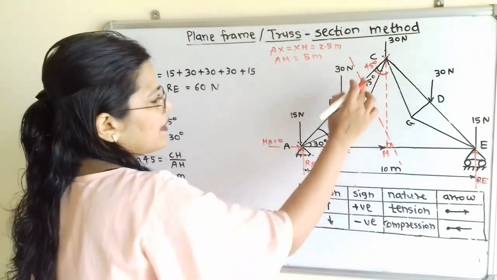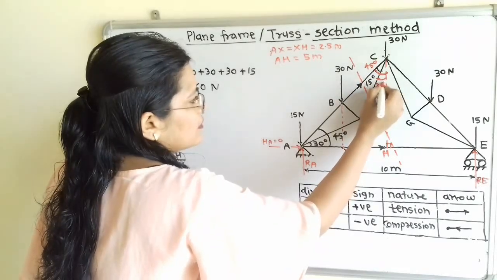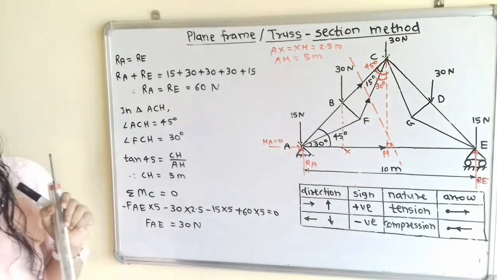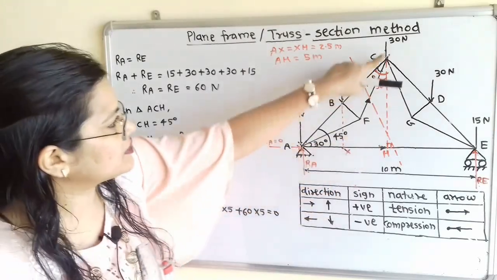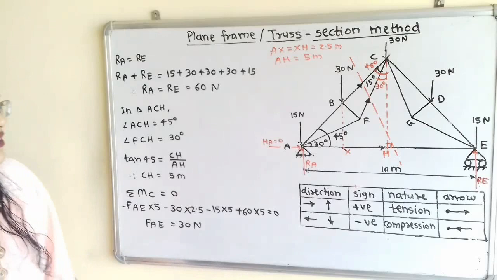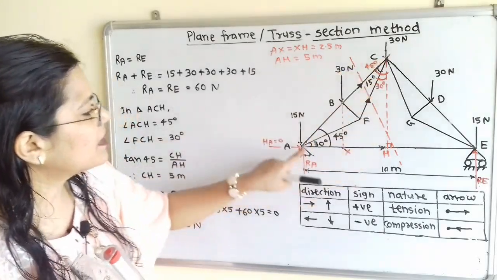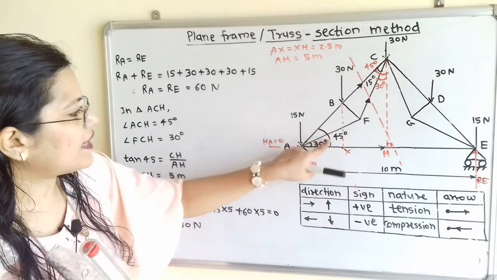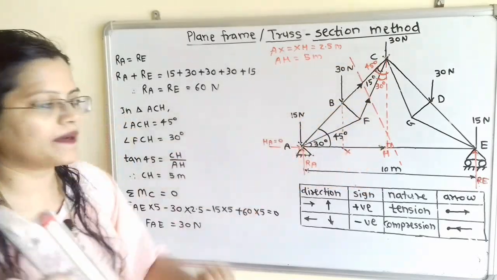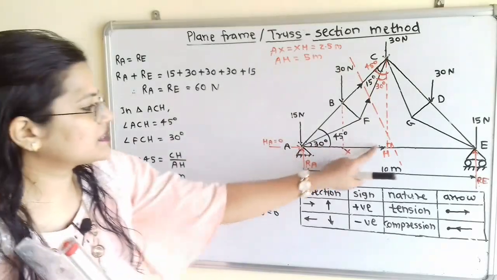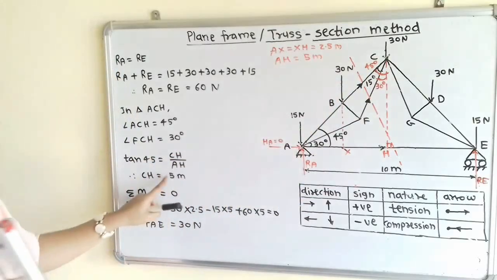So 45 minus 15 is equal to 30 degree. Now we will find this height CH. Again in triangle AHC, tan of 45 is equal to the opposite side CH divided by AH. AH is equal to 5, tan of 45 is equal to 1, so CH is equal to 5 meter.